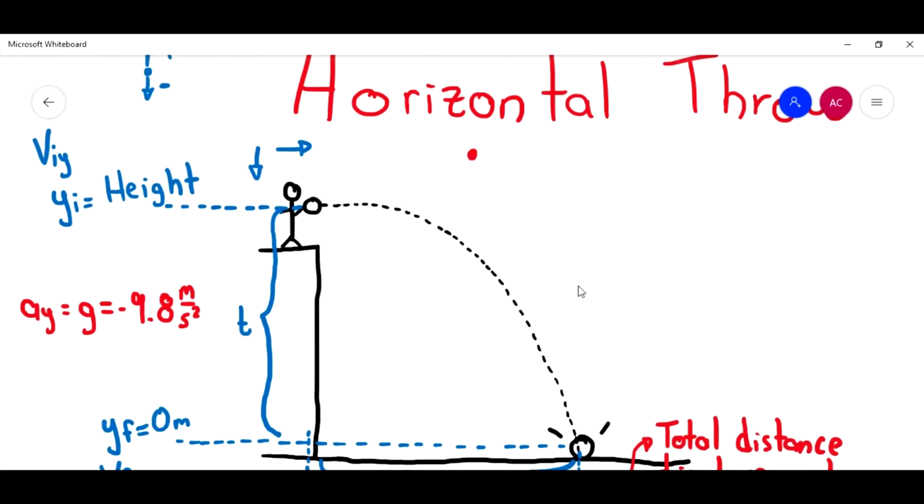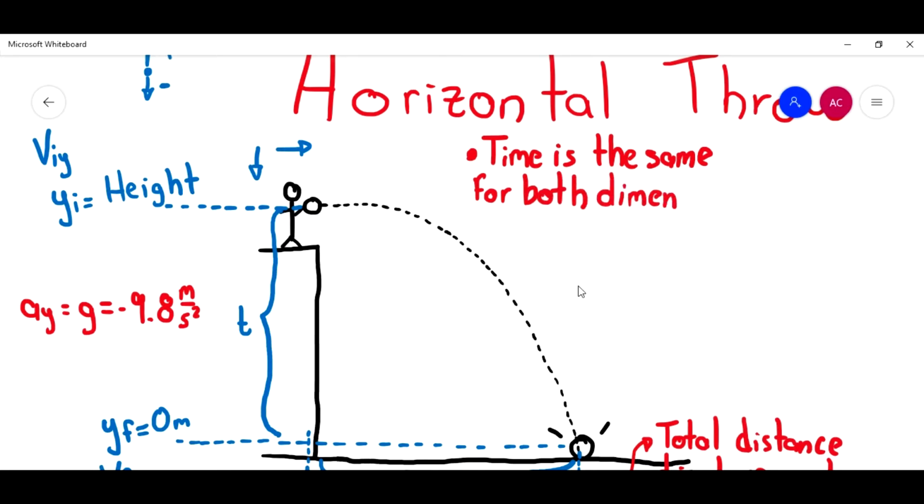Time is the same for both dimensions, or both axes.